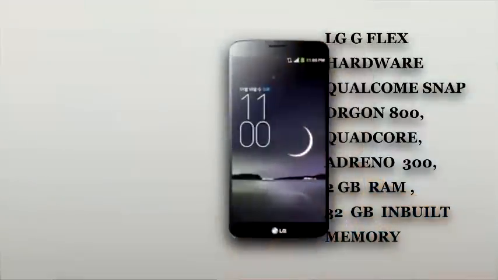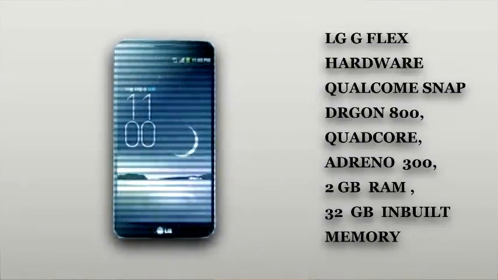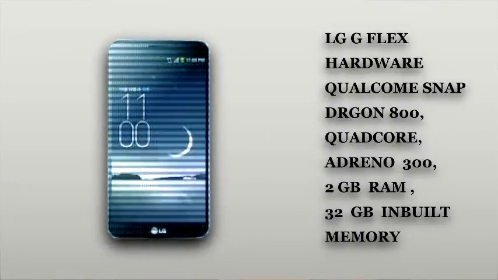Let's check the hardware of LG G Flex. As we all know, both of these phones are new flagship phones, so that's why they have the Qualcomm Snapdragon 800 chip inside and a quad-core processor.